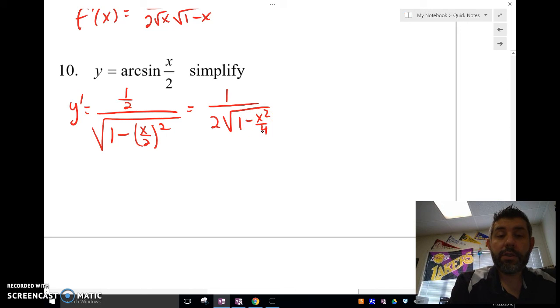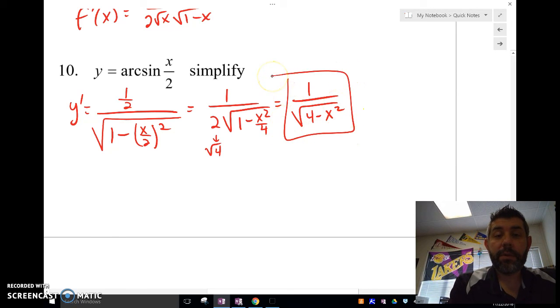This is kind of tricky little algebra, but 2 is the same thing as root 4, and since now I have the square roots, I'm going to multiply the 4 inside. I'm going to have the square root of 4 minus x squared. That would be your simplified answer.